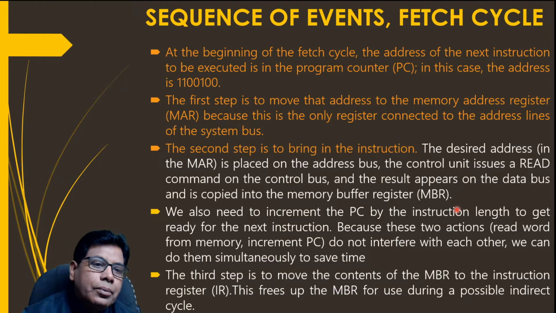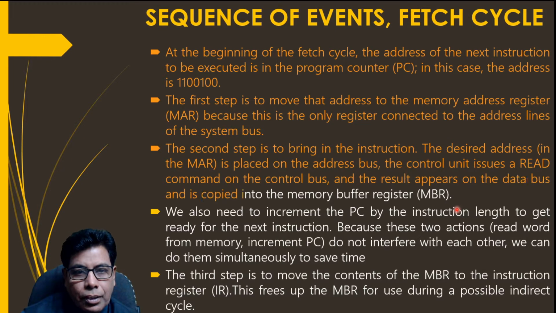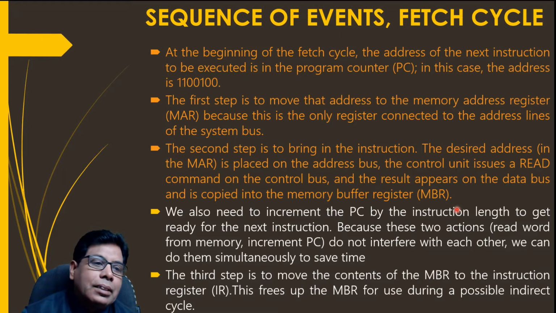Then the second step is to bring the instruction. Whatever desired address is in MAR is placed on the address bus, and the control unit issues a read command on the control bus, and the result appears on the data bus and is copied into the memory buffer register, MBR. So the address is in MAR, the memory address register, whereas the instruction will be in the MBR, the memory buffer register.